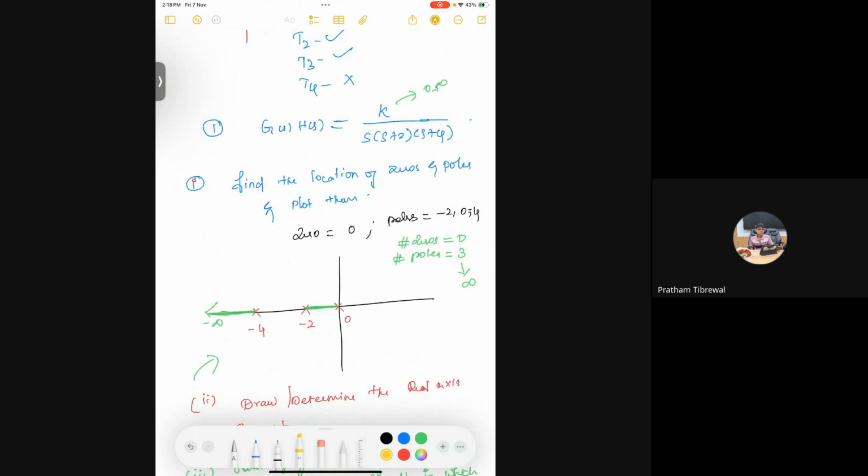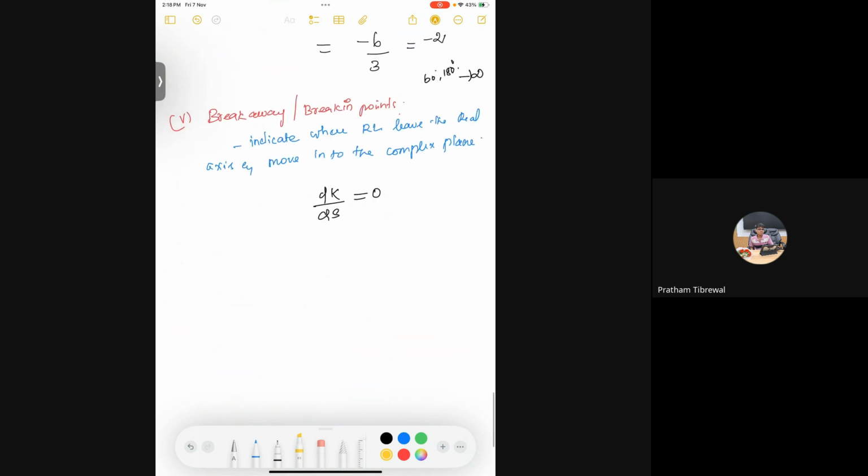Here. So I'm going to differentiate this K, the gain, with respect to s, and equate it to 0. This will tell me where exactly this root locus is going to leave from the real axis.